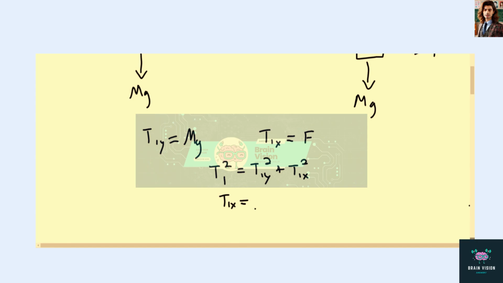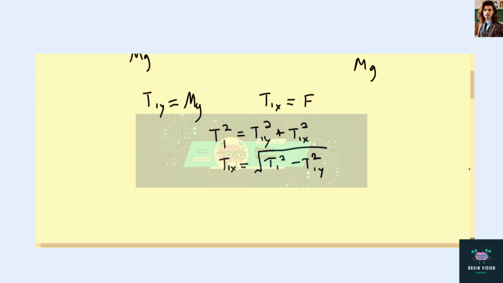And then if we solve for T1x, we get T1x is equal to the square root of T1 squared minus T1y squared. We know that T1y is just mg, and we know that T1 is 4 mg, and we know that T1x is equal to f.